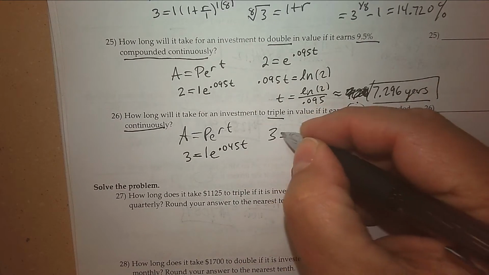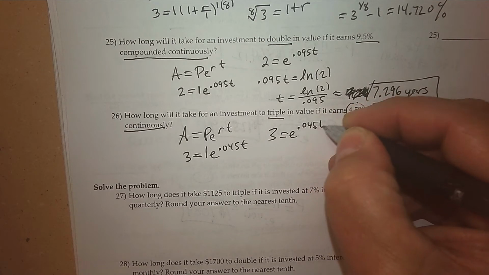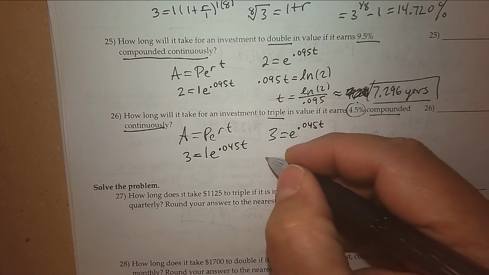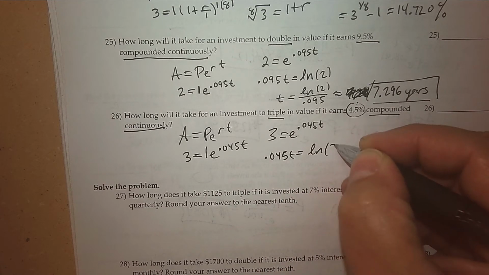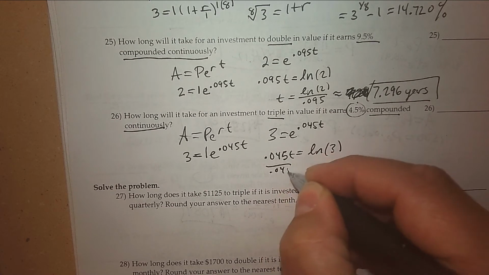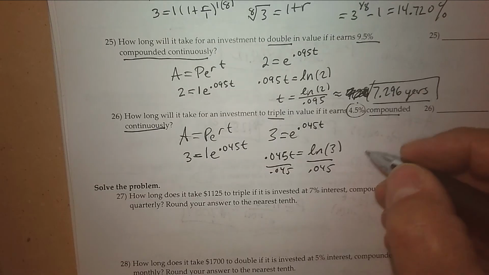So 1 times that just leaves me with e to the exponent 0.045t. Write as a logarithm to undo it. So the exponent, the logarithm of the base of e, and then 3 inside, and then the last step is to divide by 0.045. And that's it. That's what I'm putting in my calculator.